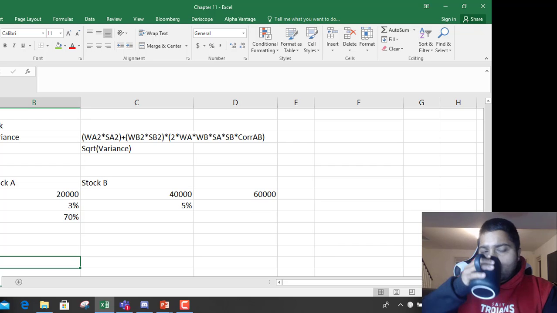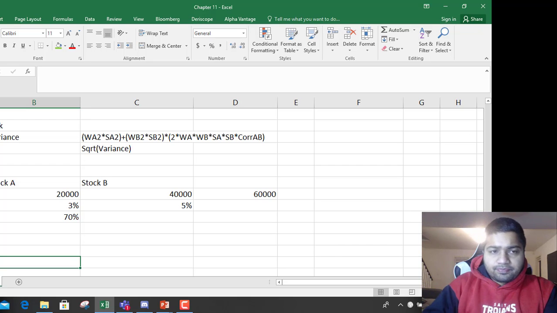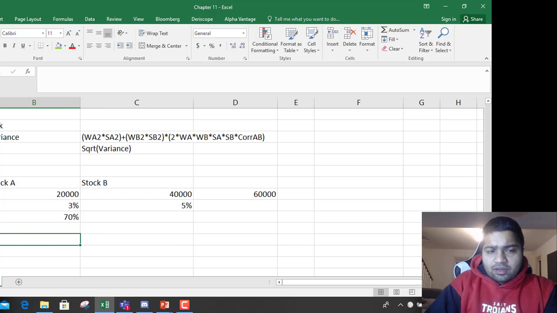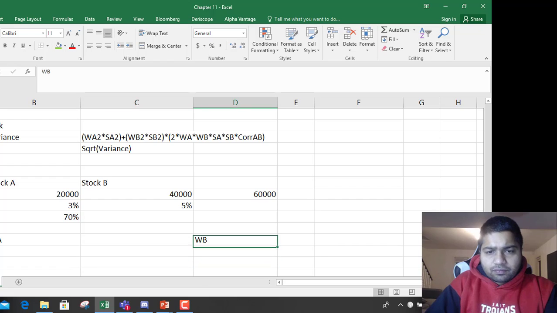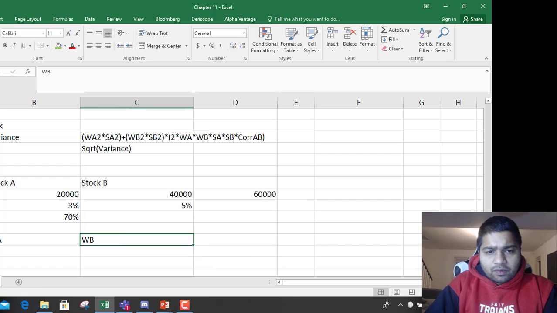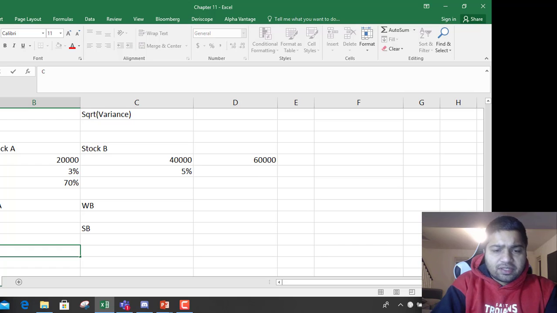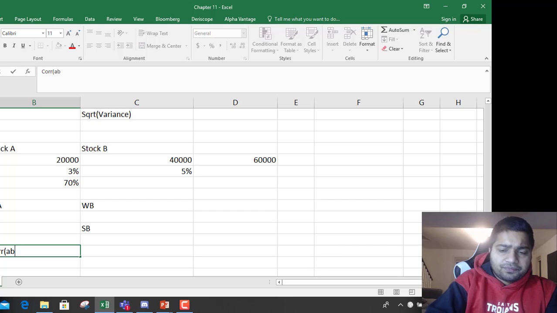Now how do you find out portfolio risk? First, step 1, we need the weight of A and weight of B. Then we need standard deviation A, standard deviation B. Also we need the correlation between A and B. So let's see what is given and what is not given, and then proceed.